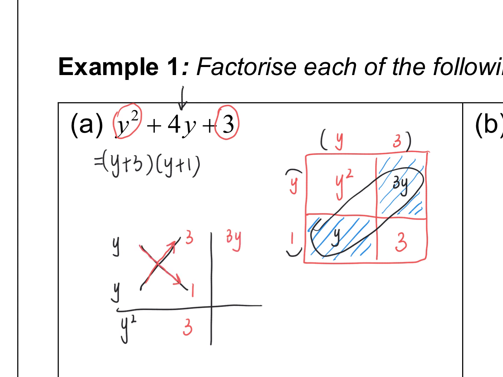Diagonally you multiply. This is y. At the last column, if it's correct, it's 4y. Then this is done. These are the 2 factors you want. So you choose which method you like. Both are equally good.